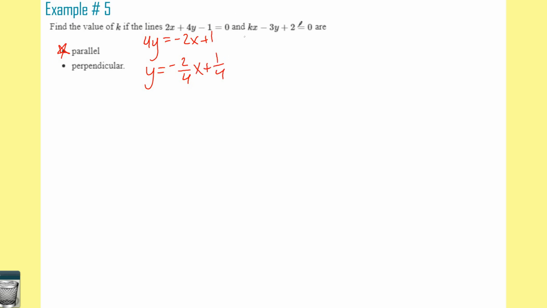And this one, I'll do the same thing. I'm going to just move the 3y over. So kx plus 2 equals 3y. And I'm going to change that around, and then divide by 3.